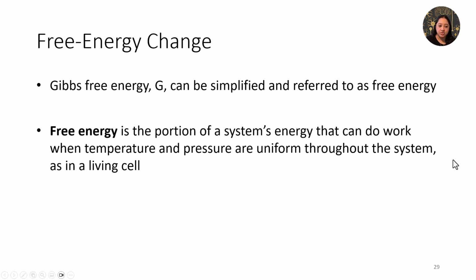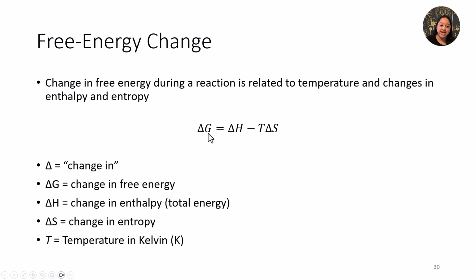And so this equation has a capital G, free energy, and this triangle. It's actually called the delta symbol. So the triangle delta means change in. So if there's that in front of a different symbol, it means change in whatever this is. So delta G is change in free energy.